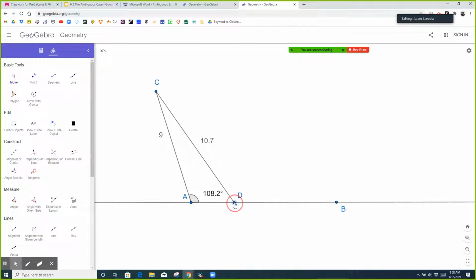If you think you know that, put it in the chat. I'm giving you a hint: it has to do with the opposite side of the given angle. What needs to be true about that in order for this to make a triangle? See, this would make a triangle. This wouldn't make a triangle.